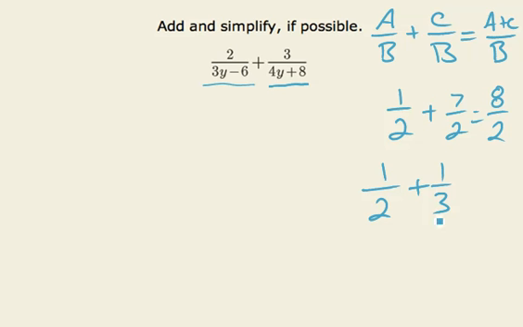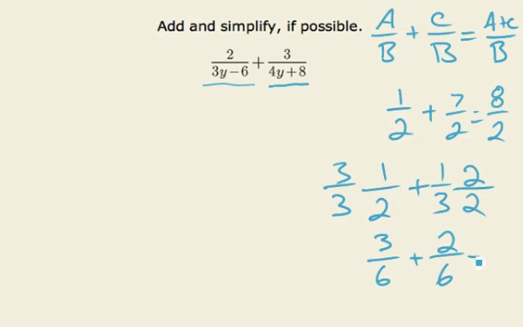So I could rewrite 1/2 by multiplying by 3 over 3 and 1/3 by multiplying by 2 over 2, multiplying each by 1, right? And that changes this to 3/6 plus 2/6. Right? And now I can add 2 and 3 is 5 all over 6.